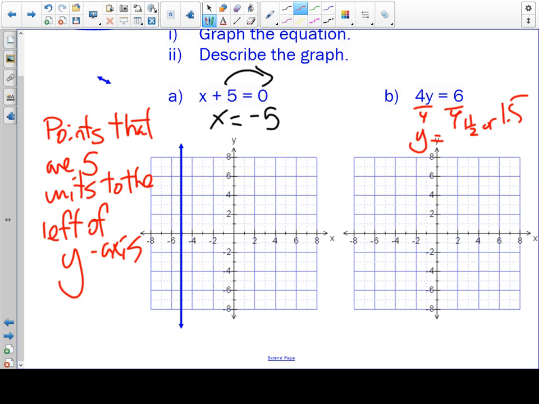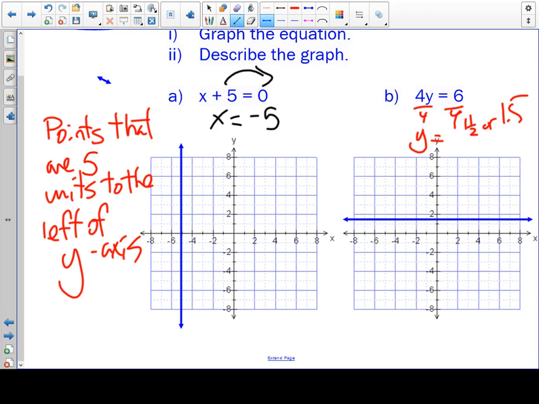Now, of course, if we have y equals something, we're talking about a horizontal line. So we're going to grab a line here, and we're going to make a horizontal line. Now, 1.5 is going to be just above 1, but just below 2. So it's going to be about right here. So that would be the line y equals 1.5.